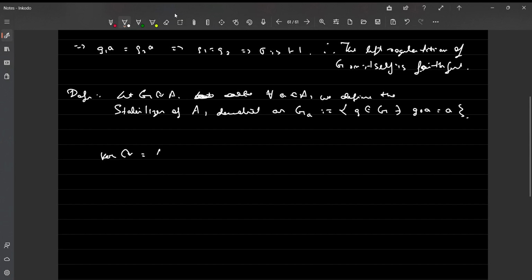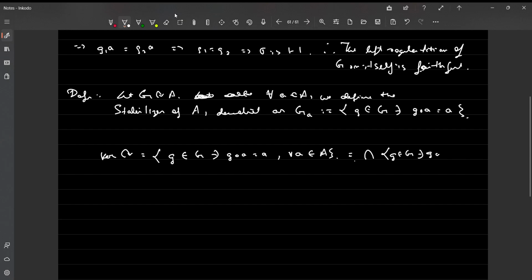Got it. Now one thing to be noticed here is that, so what is the kernel of this action? So the kernel of this is basically the g in G such that G on A is A, and this happens for all A. That means the kernel is the set of all those elements in G which fix every element A, right?